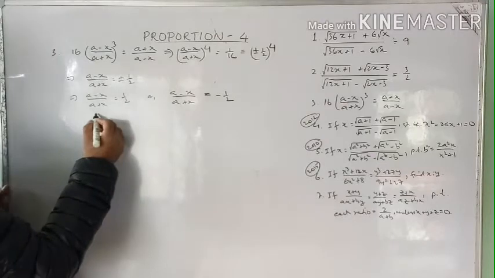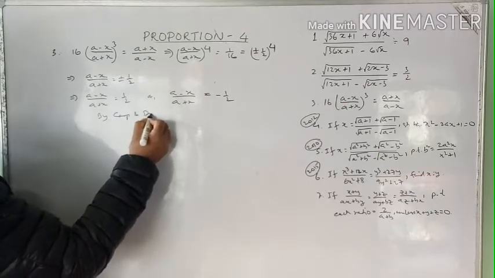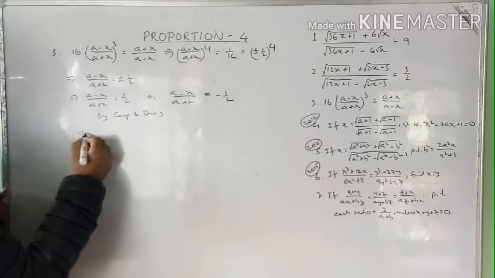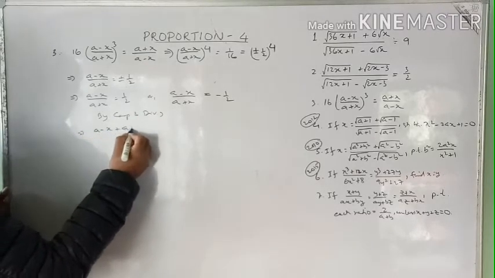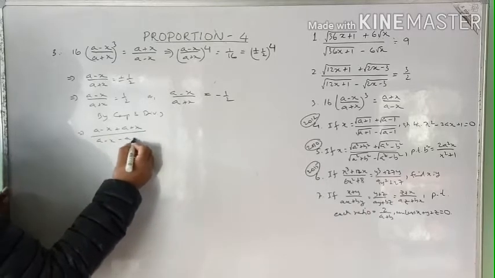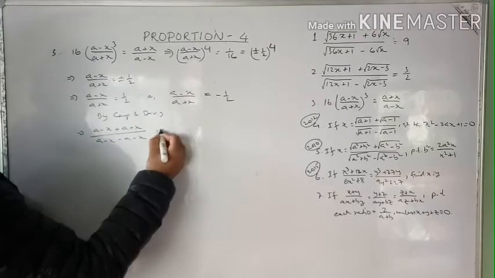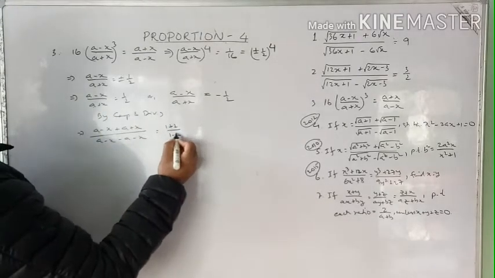So you can use componendo and dividendo here. So here what we get: a minus x plus a plus x over a minus x minus a plus x, these two signs will change, because the minus sign will change the sign, equal to 1 plus 2 over 1 minus 2.